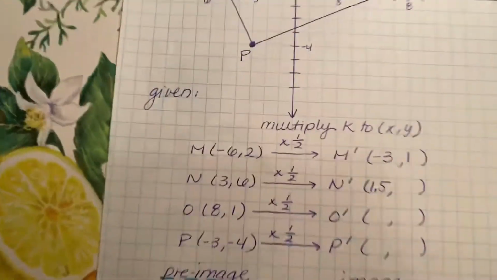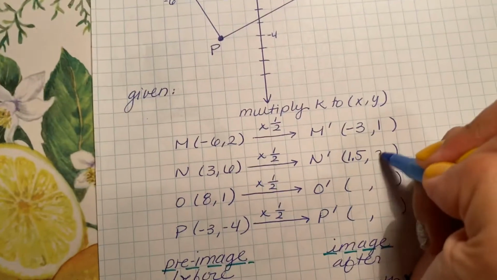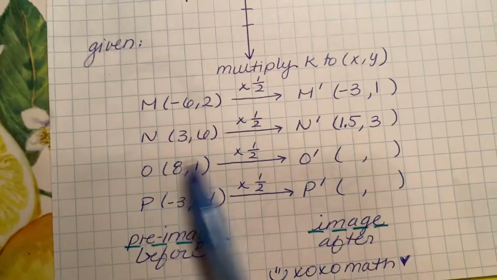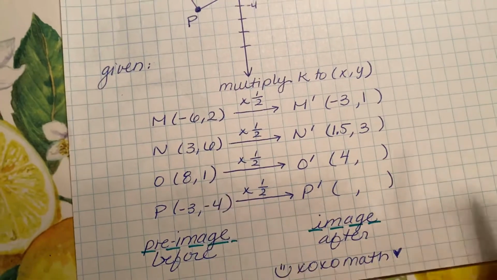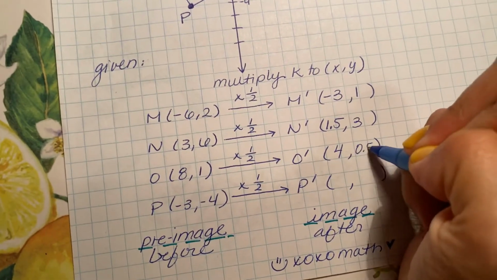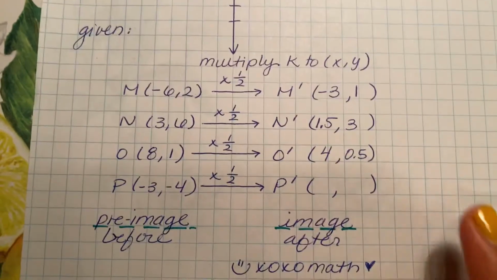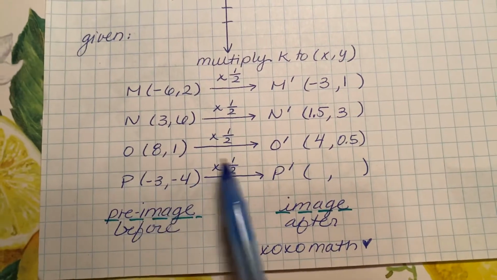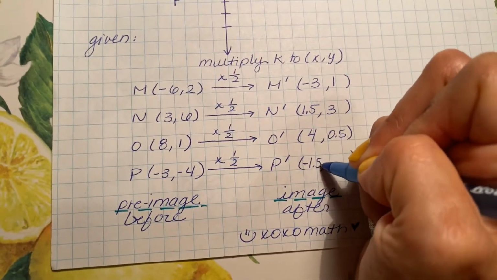What's 1/2 of 6? 6 times 1/2 is 3. 8 times 1/2 is 4. 1 times 1/2 is 0.5, right? What's 1/2 of $1? 50 cents. Sorry, it's crooked. -3 times 1/2 is -1.5.